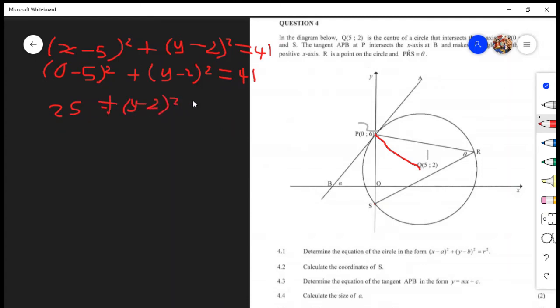If we take the 25 to the other side and transpose it, we have y minus 2. Let's just do this. So we got y minus 2 squared is equal to 16, yes?